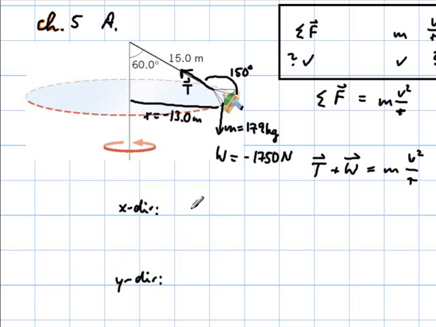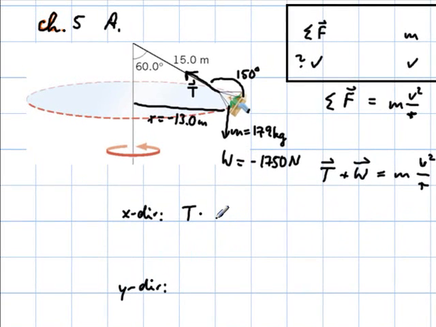In the x direction, we have tension times cosine of 150 degrees. This one overall here is negative, and that makes sense because the tension is pointing to the left, plus the weight in the horizontal, that's of course 0, equals mass times velocity squared divided by the radius, which by now we have calculated as negative 13.